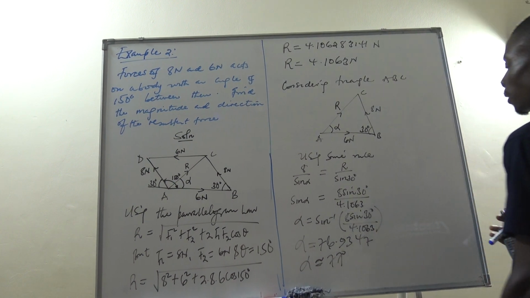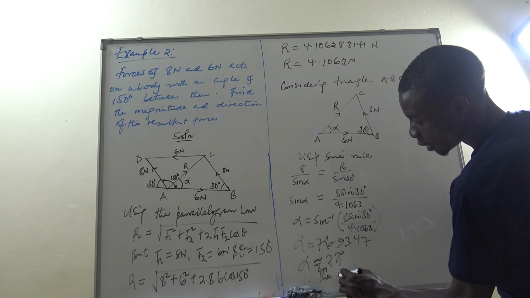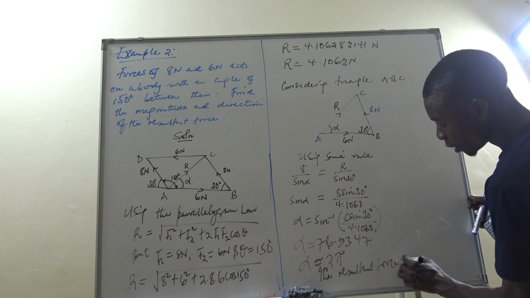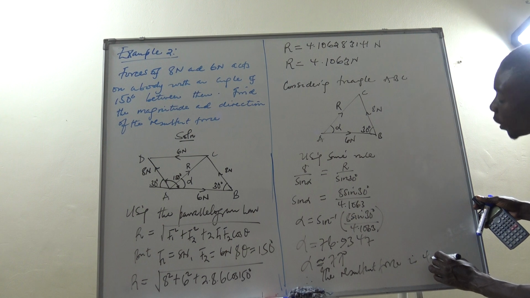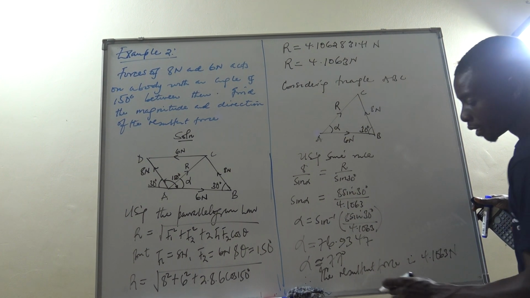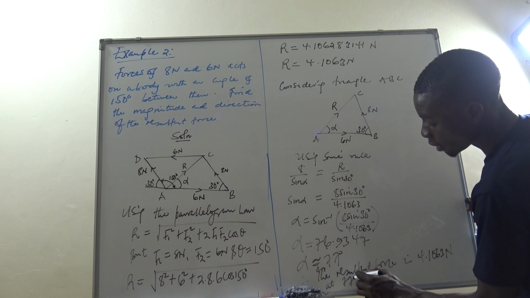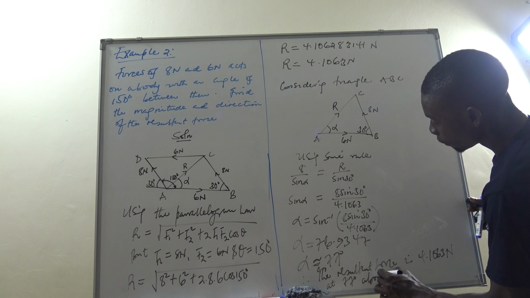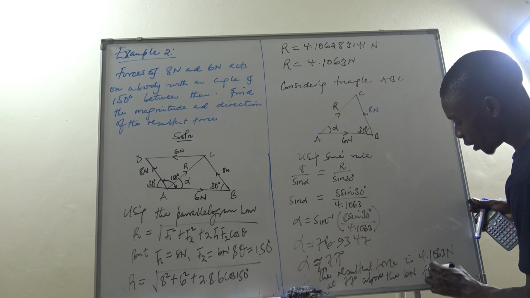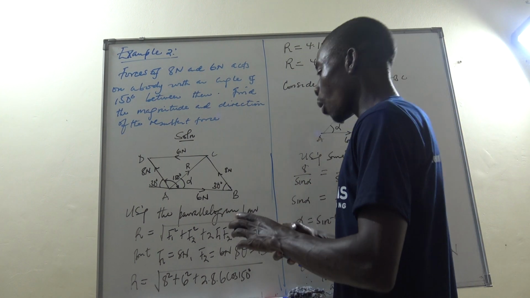That is allowed here. So you make a conclusion that therefore the resultant force is 4.1063 at 77 degrees above the 6 Newton force. Okay, so that will be the solution to our problem.